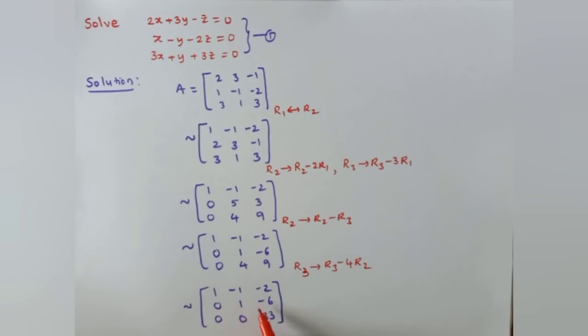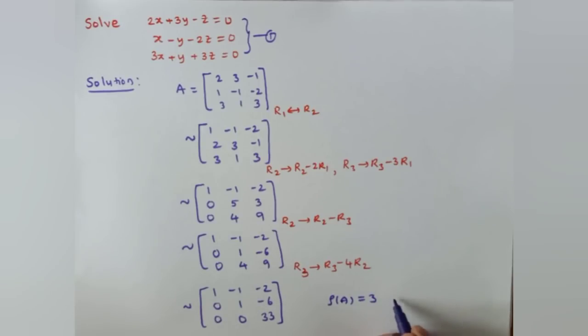If we use this row to make this element 0, then this element may add here, and there is no chance of a zero row. So directly you can count the number of non-zero rows after elementary transformations. The rank is nothing but the number of non-zero rows. The number of non-zero rows is 3, so the rank of A is equal to 3.